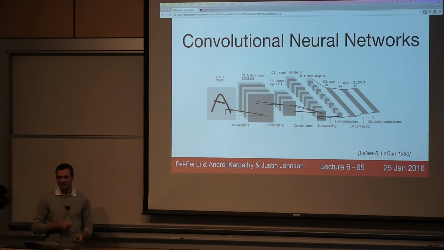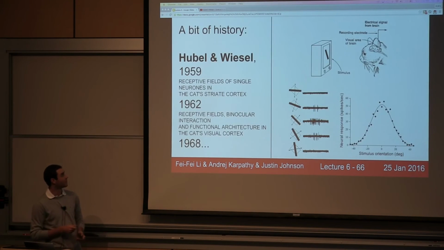So if you'd like to talk about the history of convolutional networks, you have to go back to roughly the 1960s to the experiments of Hubel and Wiesel. In particular, they were studying the visual cortex in a cat. They were studying an early visual area in the cat brain as the cat was looking at patterns on the screen. And they ended up actually winning a Nobel Prize for these experiments sometime later.